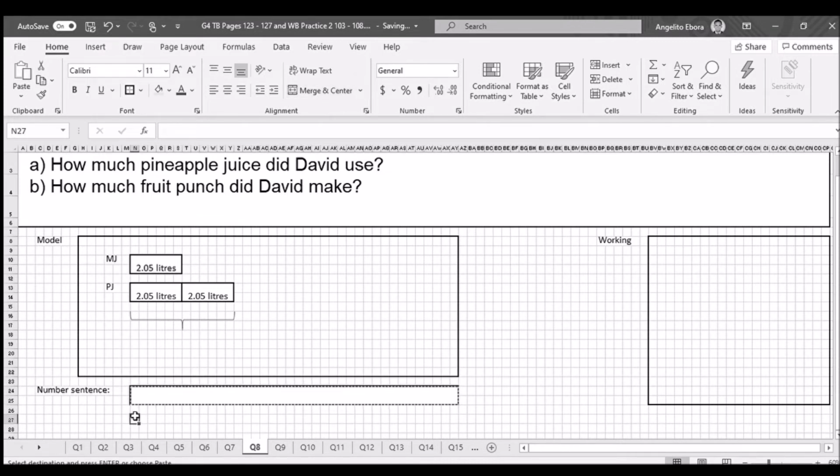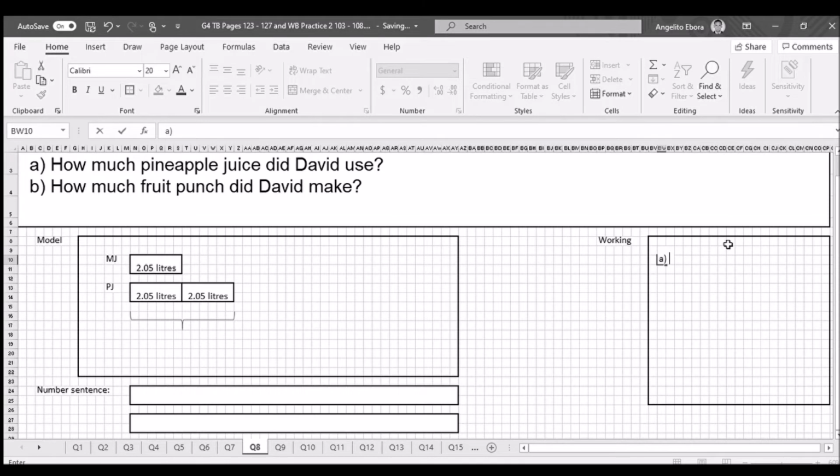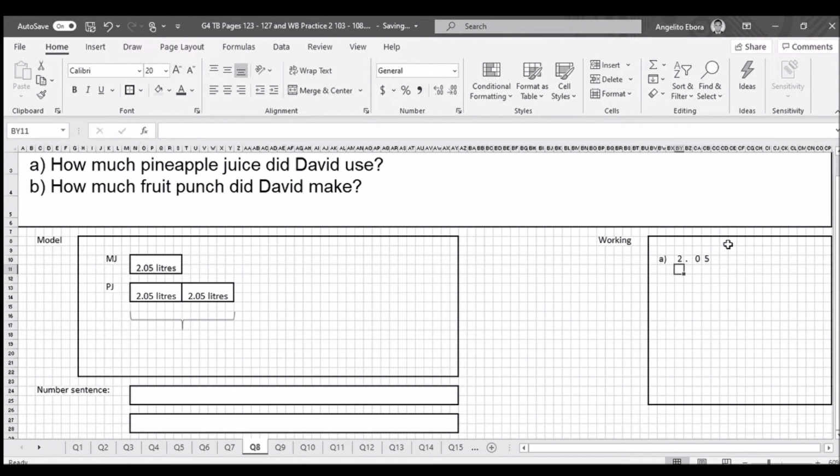Okay. So letter A. In this case, I'll just use addition. Okay. 2.05 plus 2.05. And the answer is this one is 10. 5 plus 5 is 10, regroup, and then 1, 4. And the decimal point, don't forget, yeah?